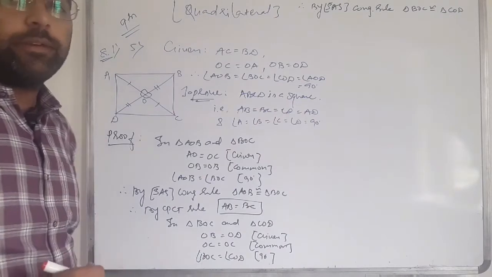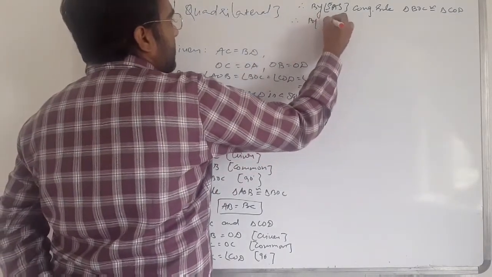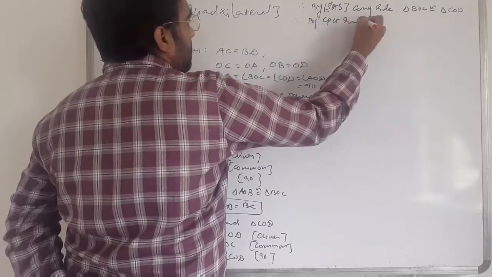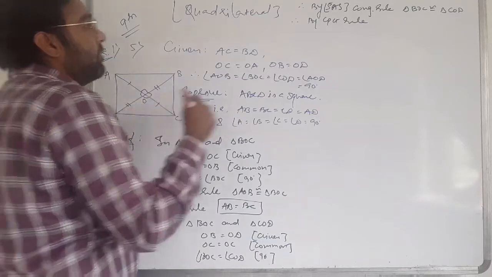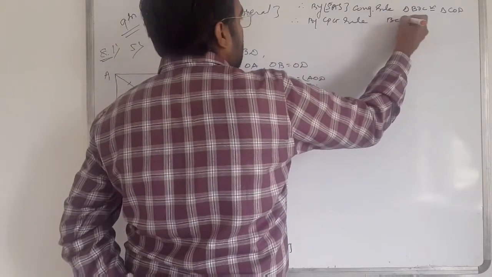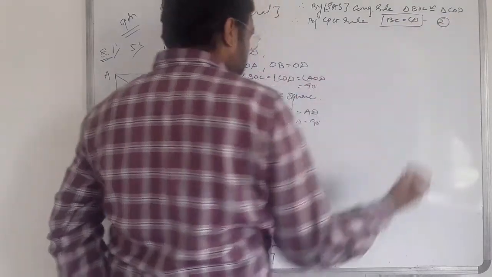Clear? Therefore, by the CPCT rule, BC is equal to CD. This is my second equation.